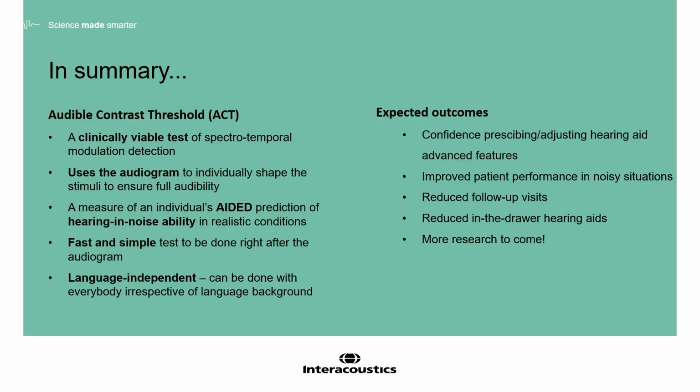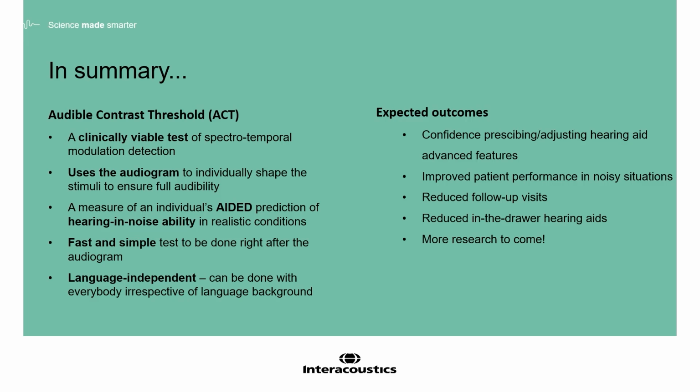In summary, we know that ACT, or the Audible Contrast Threshold test, is a clinically viable test of spectrotemporal modulation detection. It uses the audiogram to individually shape and customize the stimulus to ensure full audibility across the frequency range. ACT is a measure of an individual's aided predicted speech and noise performance using hearing aids in realistic conditions.